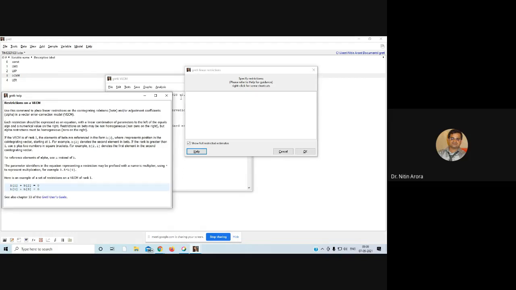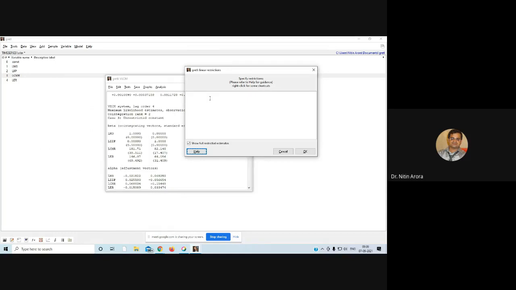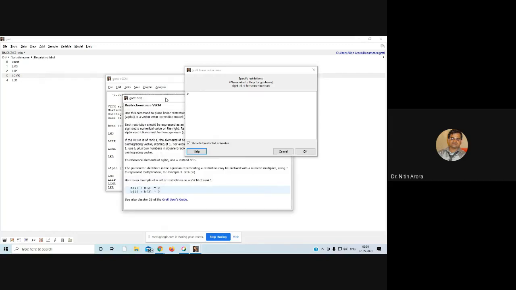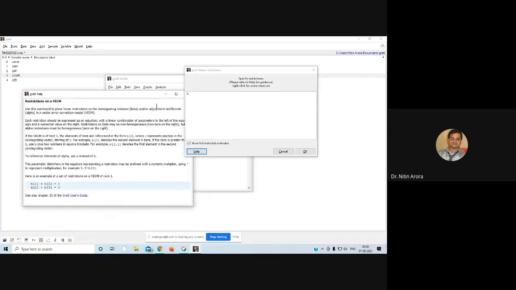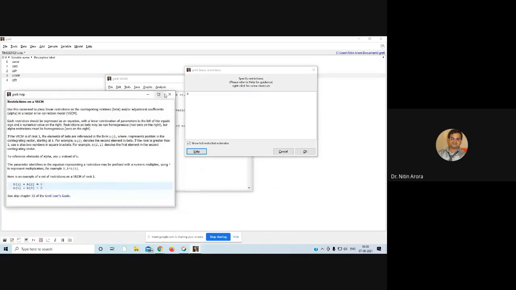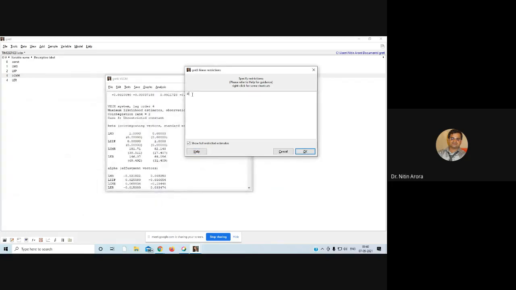See here, if we apply the linear restriction, for example, B21 denotes the first element in the second co-integration vector. What we have to do is apply these restrictions. We can open up the help if you want. We need four restrictions ultimately, with which variables will appear as dependent variable, like B1,1 is equal to unity.